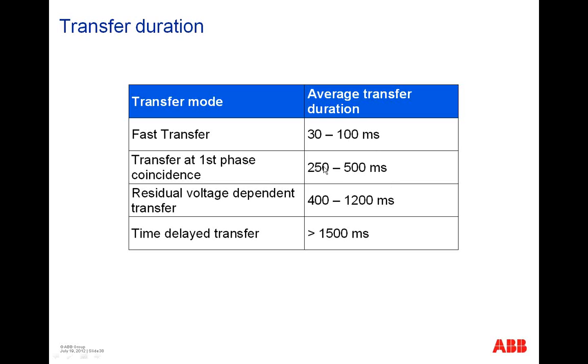With first phase coincidence, in most cases you also keep nearly all processes alive. Here with 30% you will lose a lot of processes, and here we lose all the processes. But normally you always have the fast transfer mode, and only if this has failed do you get the first phase coincidence transfer. So this is, I would say, 99.9% of all transfer modes, and here it's 99.5.